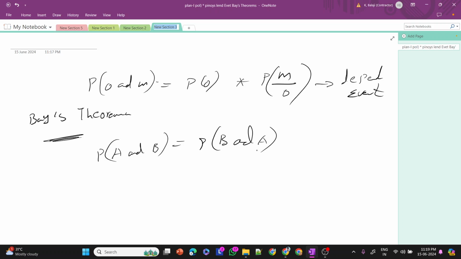So we consider this scenario and equate it after applying conditional probability.